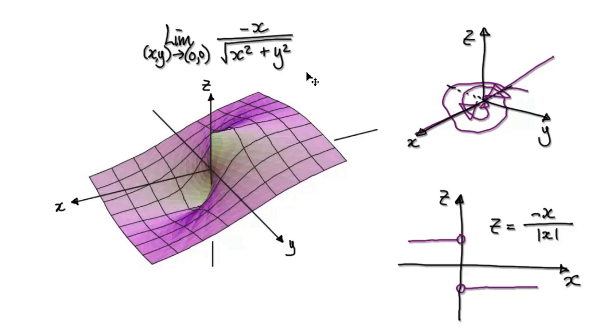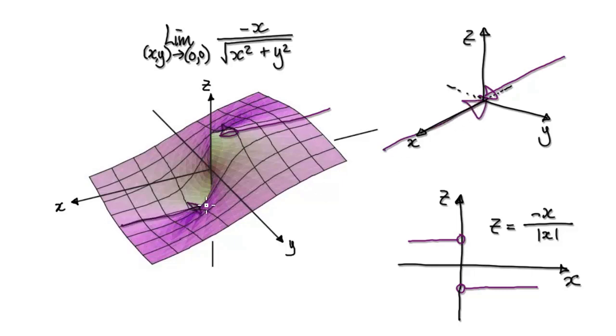But in our case, if you approach it from this direction, it will give you an elevation of 1, and if you approach it from this direction, it will give you an elevation of -1. So we can conclude that the limit does not exist.